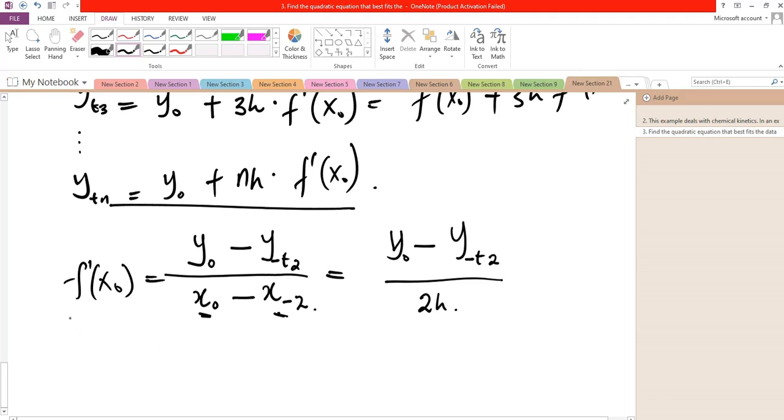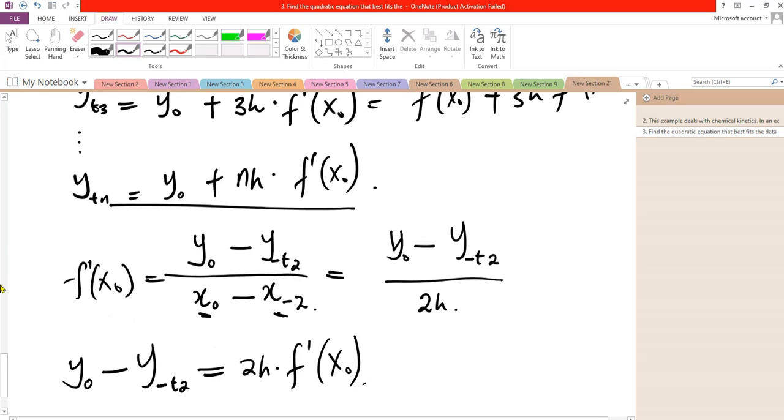Now if we want to solve this equation, multiply both sides by 2h, we have y subscript 0 minus y subscript minus t2 equal to 2h times the first derivative function of x sub 0.